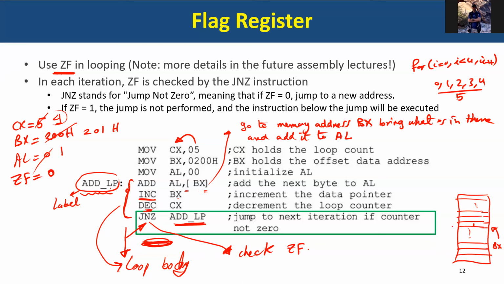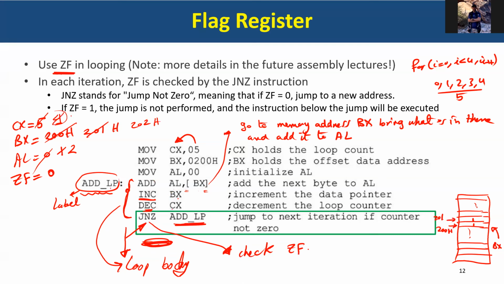Now BX was previously 200H, for example. This is 201. Let's assume also there is a 1 here. So I'm going to add to AL another 1, so it becomes 2. Increment BX, so BX will be 202 hexadecimal.